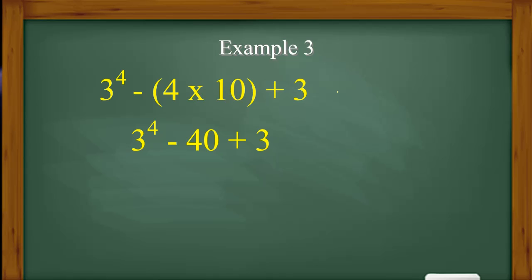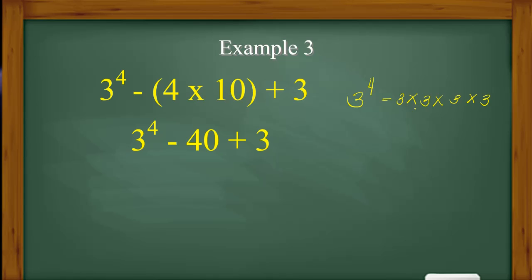We will multiply 3 4 times. So, 3 raised to the fourth power is equal to 3 times 3 times 3 times 3. We will multiply the base, which is 3, 4 times.